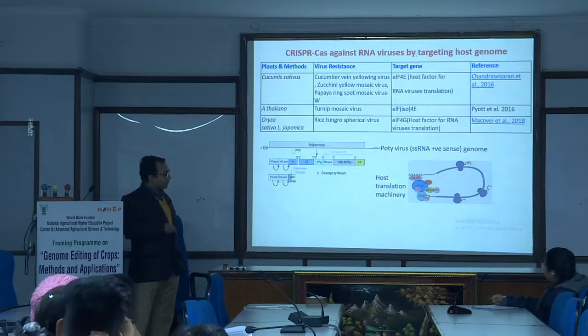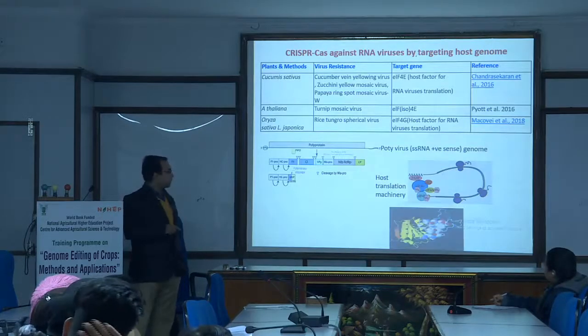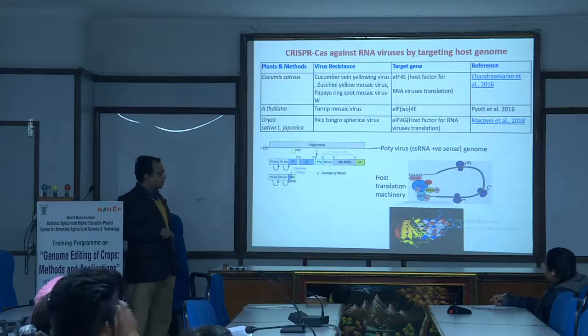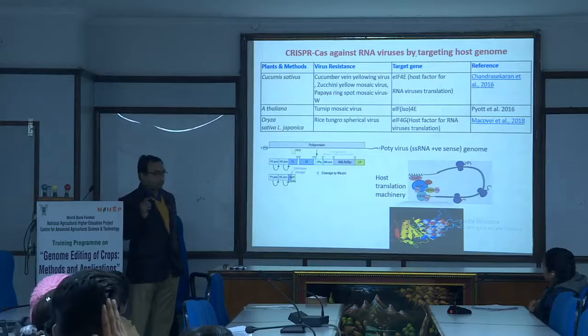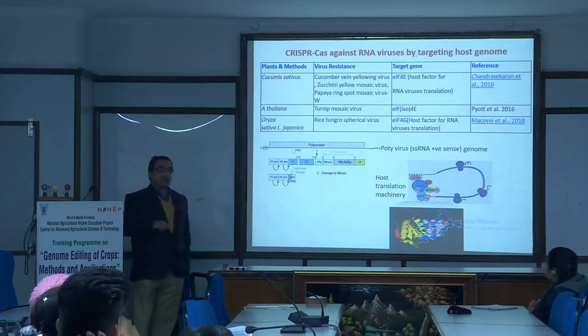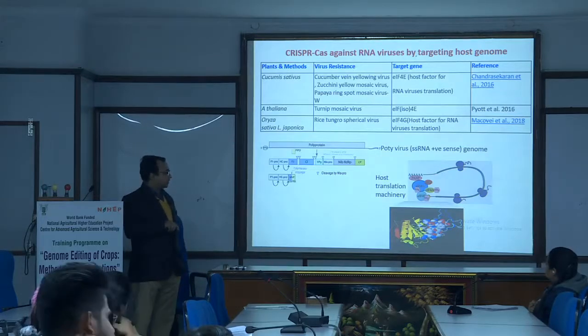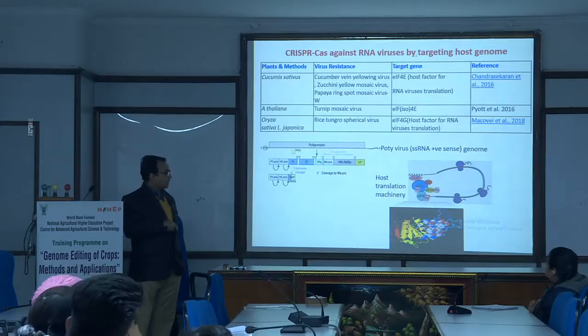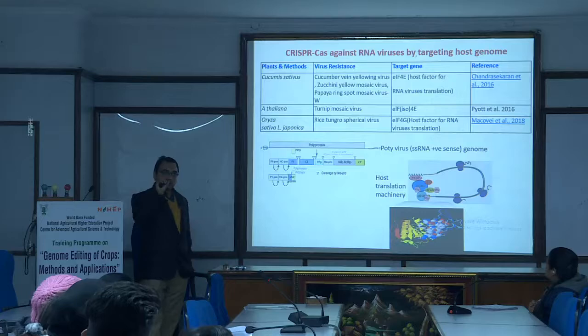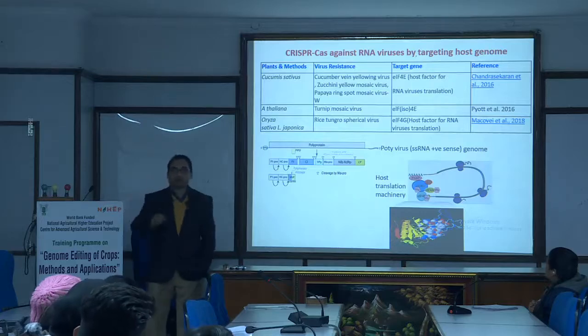It has been observed that this EIF4E and VPg interaction is very specific, and it occurs in 3 different domains of the VPg protein and 3 domains in the EIF4E. This is the host component, this is the viral component. They interact only in 3 different domains, and those nucleotides are exactly known.